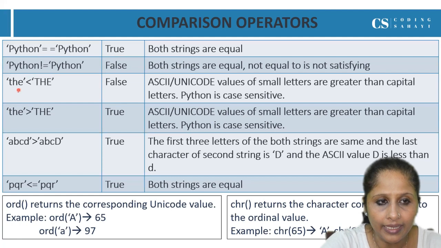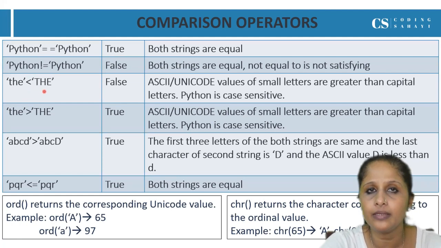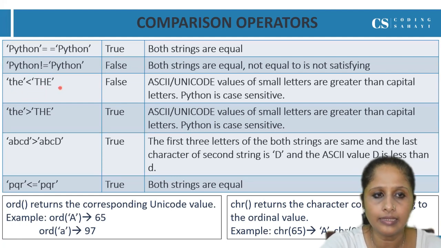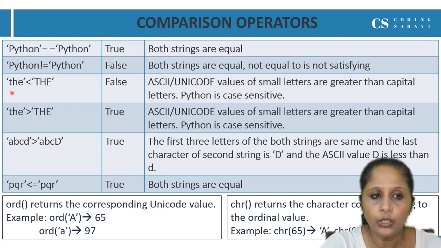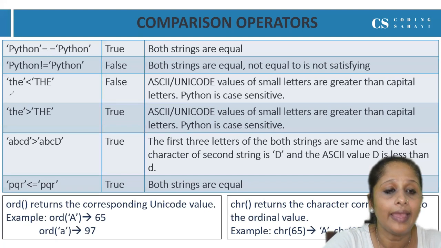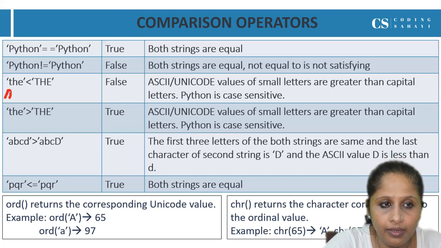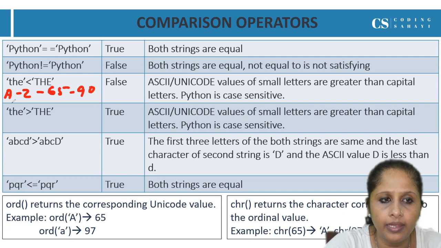Okay, then coming to the next one. Small letter "the" less than capital "The". So it returns false. Here you know the ASCII values or the Unicode values of this small "the" and this capital "The" are different. The ASCII values of capital A to Z are from 65 to 90, and for small a to z it is 97 to 122.